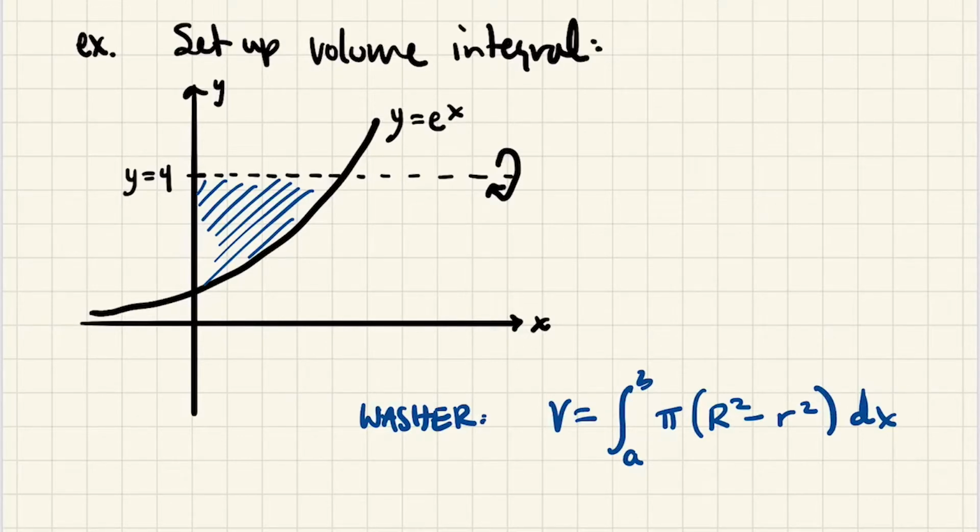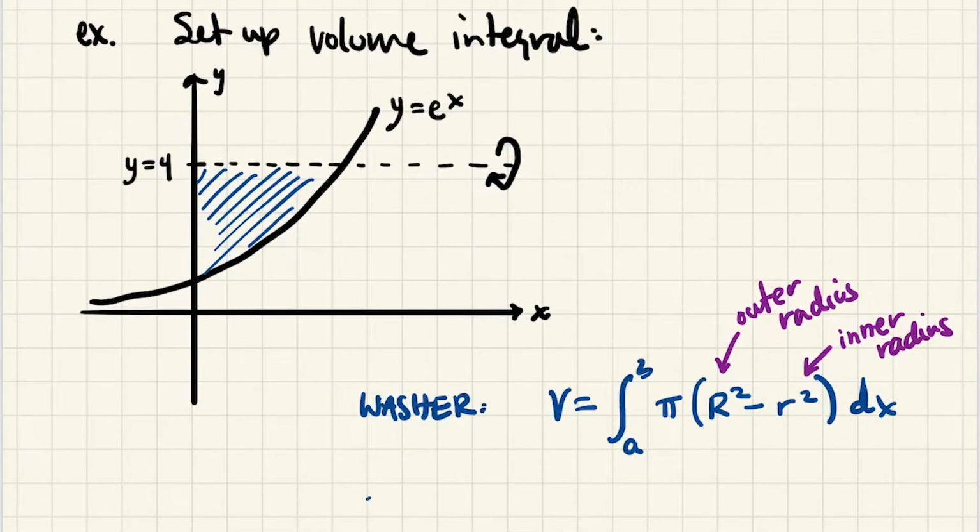And so capital R would be the outer radius, and little r is the inner radius of the revolution. Of course, it was called the disk method when that little r was equal to 0, and you just had pi times capital R squared.